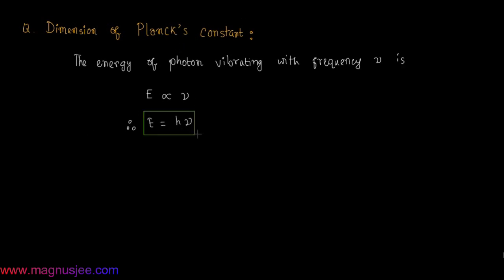E is equal to h nu, where nu is the frequency of the photon and h is the Planck's constant, which is related to the energy of a photon.